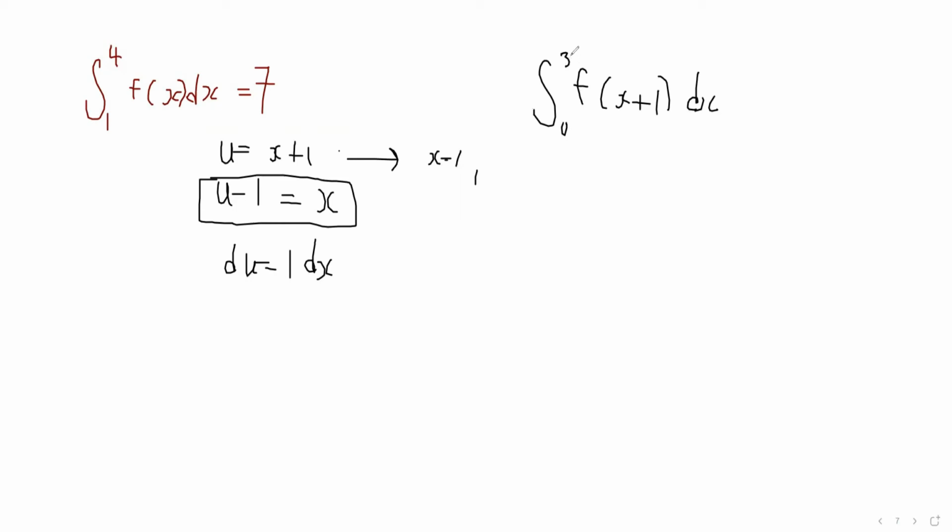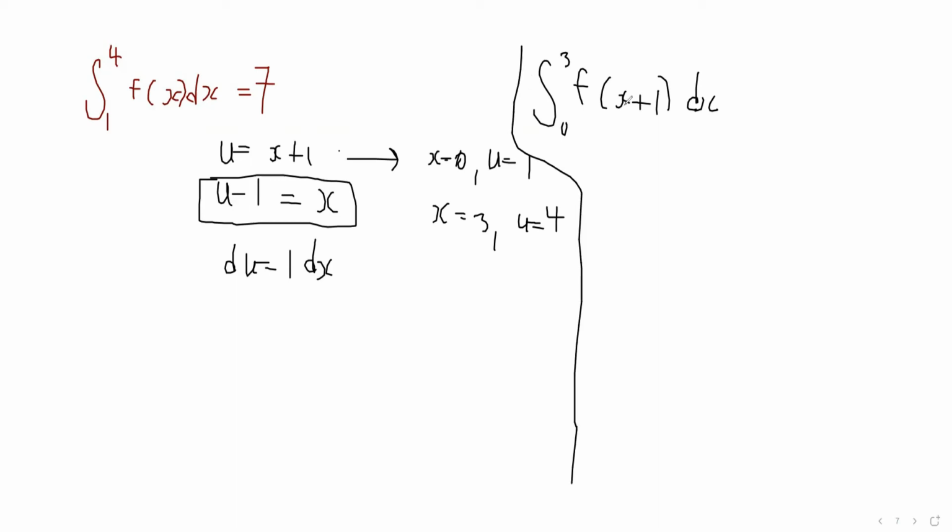When x equals 0, u is 0 plus 1, which is 1. And when x equals 3, u is 3 plus 1, which is 4. All right, nice. Now we can tackle that part of the question.